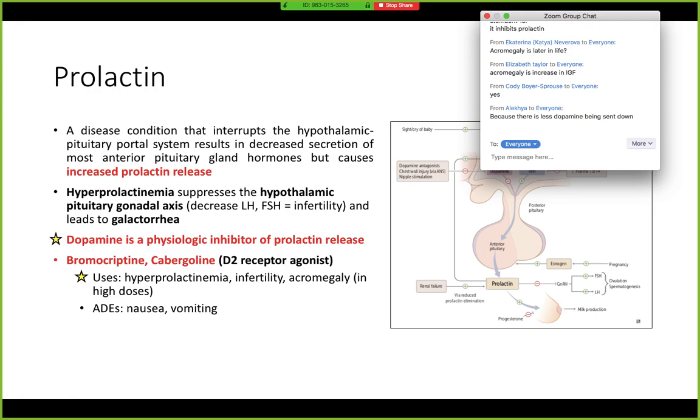So what is prolactin inhibiting? GnRH. Right. So if you're inhibiting GnRH, you're not going to see the release of LH or FSH. Of course, your LH surge is important in ovulation. So, long story short, leading you down the road of infertility.